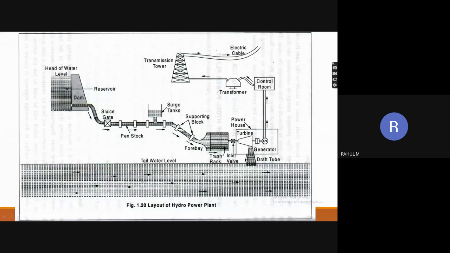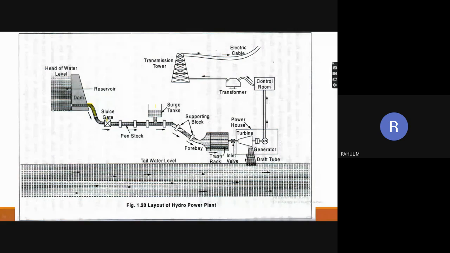So water is made to flow through this. Then there is a sluice gate which controls the volume of water flowing to the penstock, and then you can see a surge tank which helps in controlling the pressure.